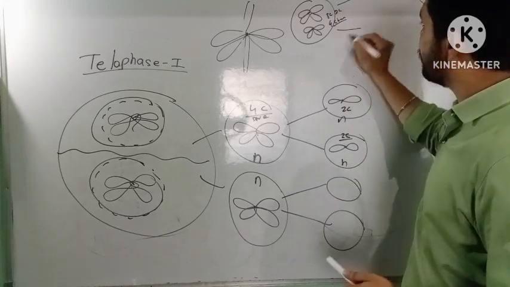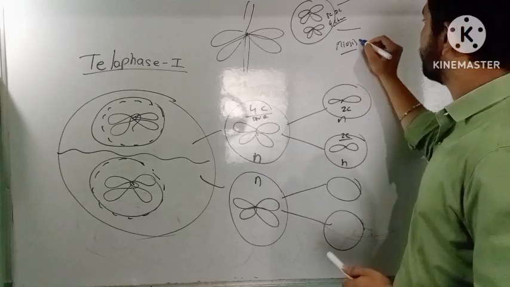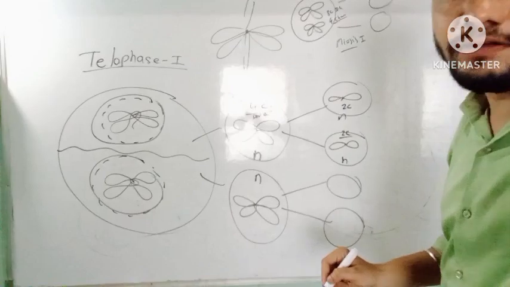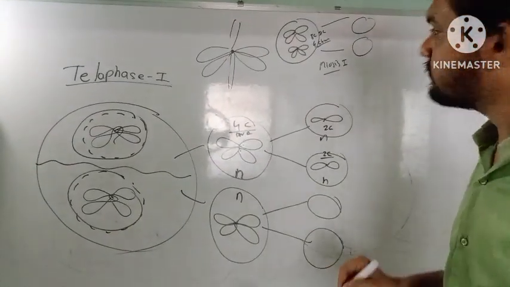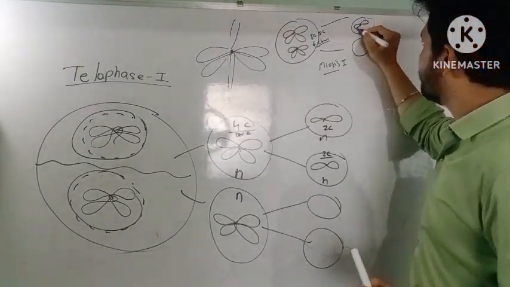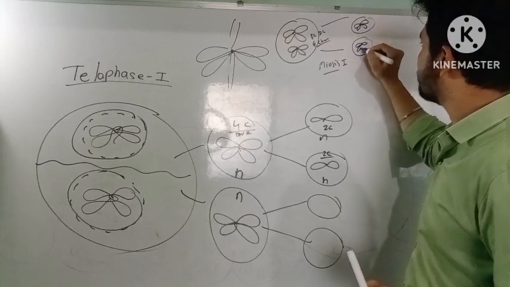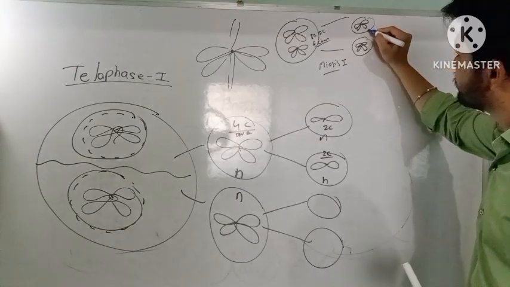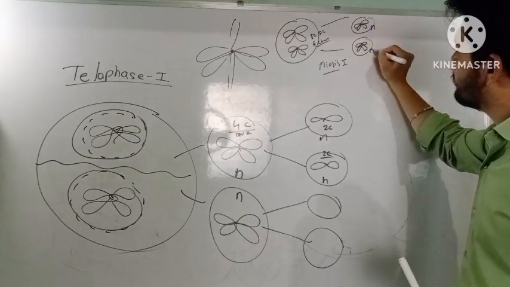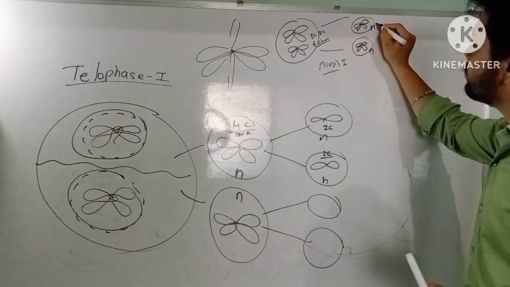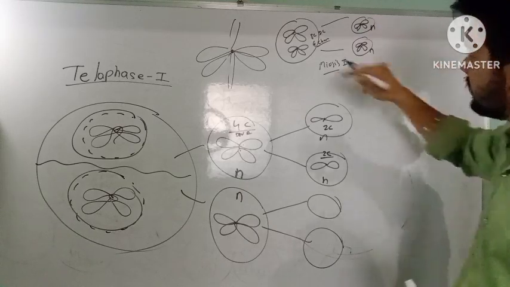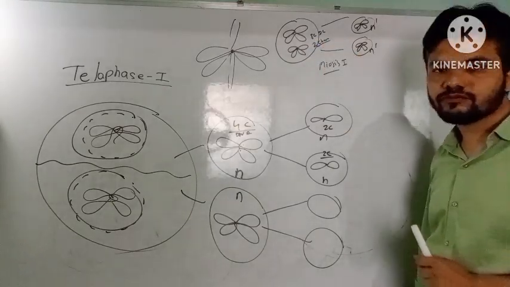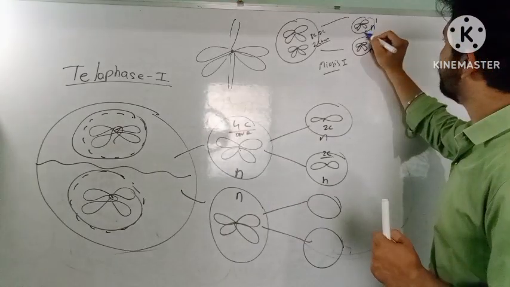And after completion of meiosis 1, we had two daughter cells, and both are haploid like this, having one set of chromosomes each, and 4C DNA content.